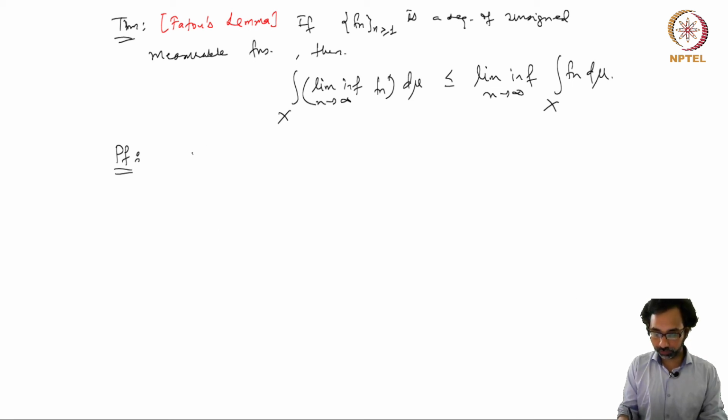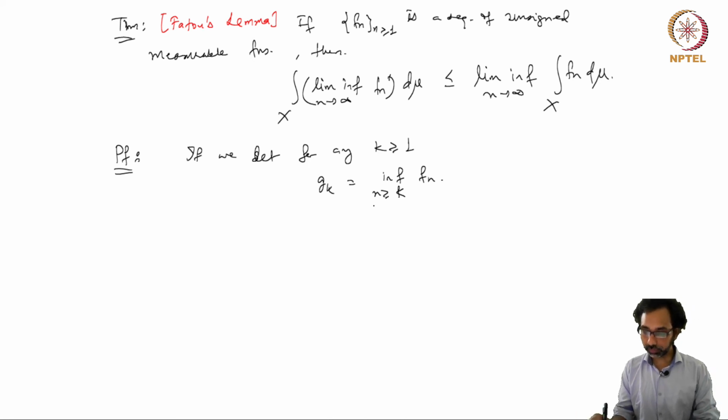So for any k greater than or equal to 1, let's set gk to be the infimum of all the fn's for n greater than or equal to k.